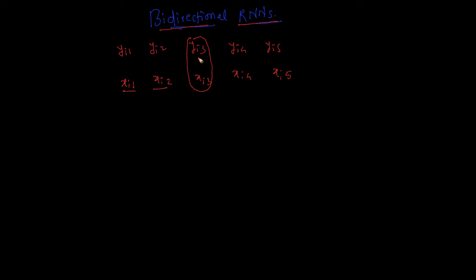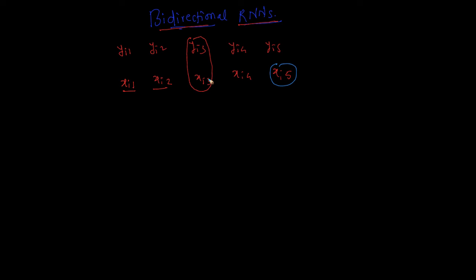In real-time applications, yi3 may not only depend on xi3, xi2, or xi1. It may also depend on future inputs like xi4 or xi5.